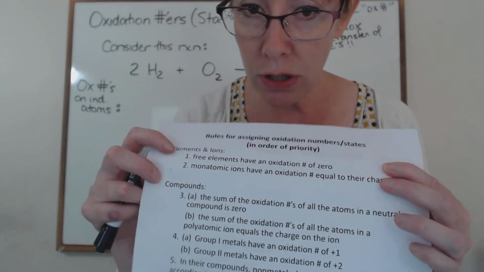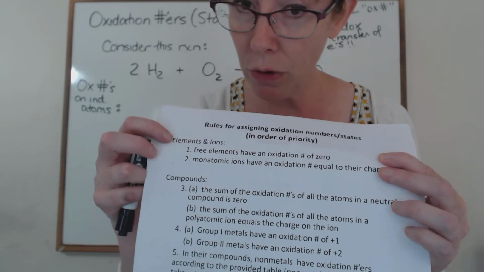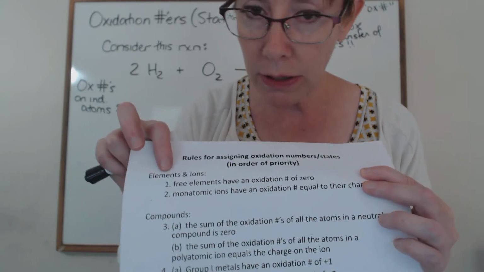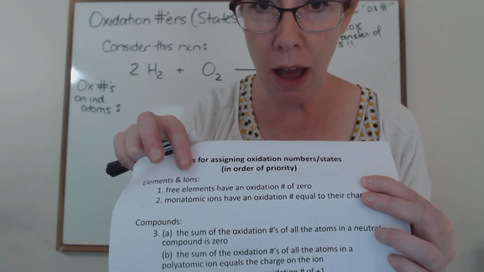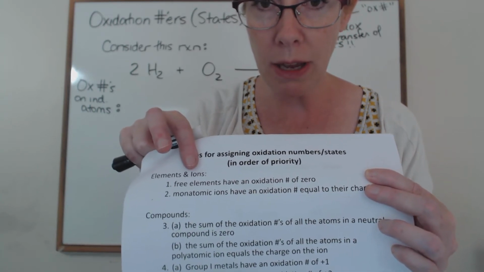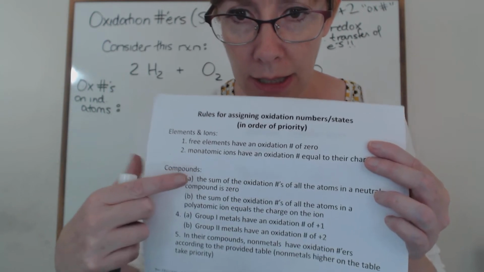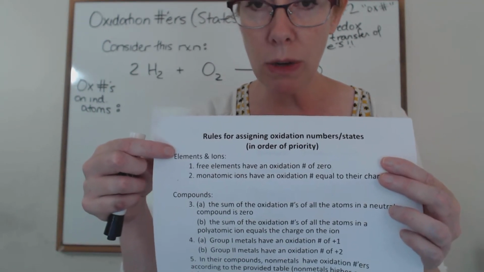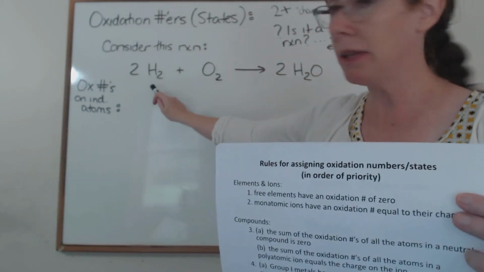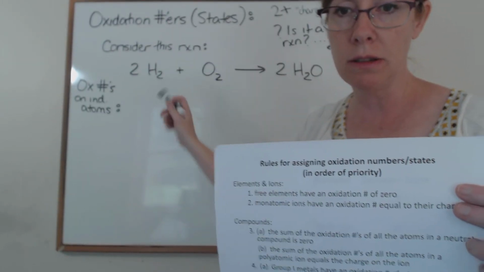You have two groups here. Add the word monoatomic ions to elements, because polyatomic ions get dealt with later down here. So this should say elements and monoatomic ions, which helps us because these two are both elements.